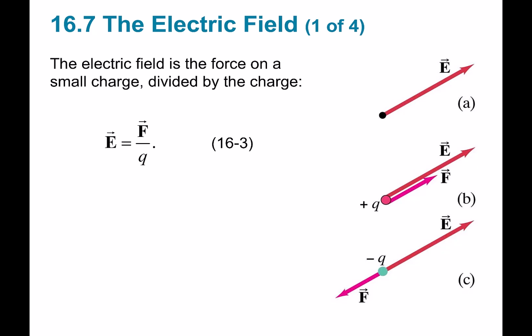So basically we say there's a gravitational field, and similarly an electrostatic field or electric field, if there is a charge, or there are many charges surrounding.